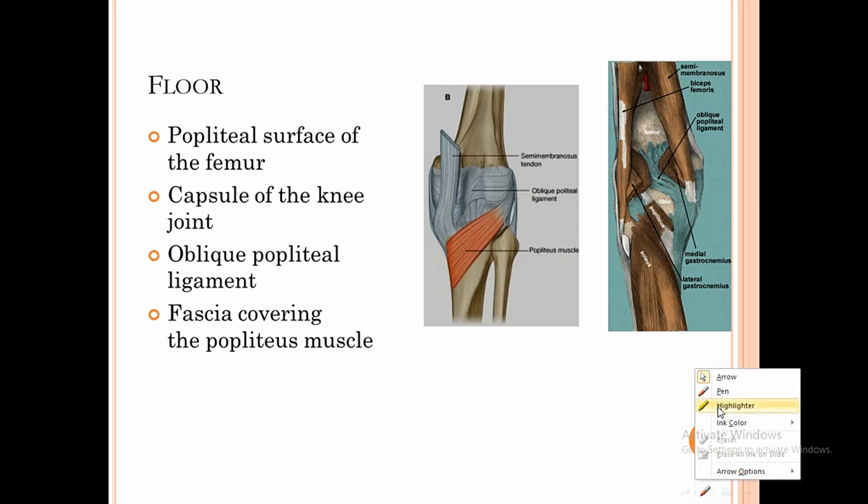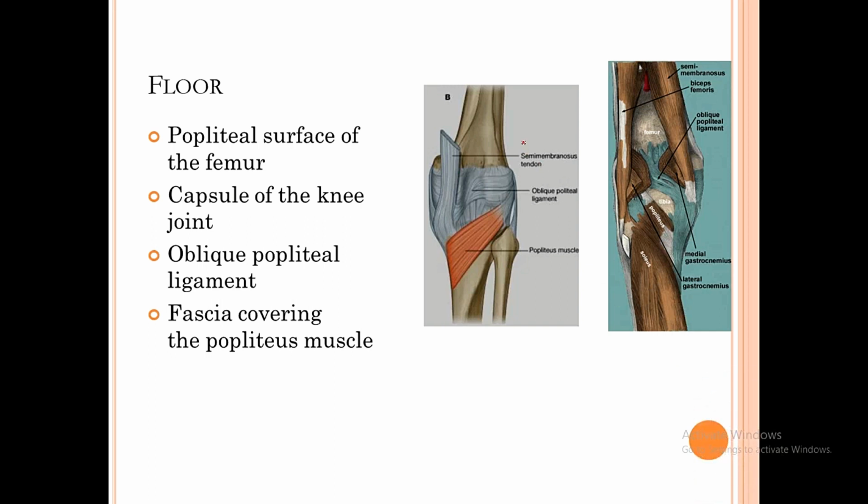So what do you see in this picture? One of the ligaments is known as the oblique popliteal ligament, and second is the popliteus muscle. If we remove the oblique popliteal ligament and popliteus muscle, what do you find here?